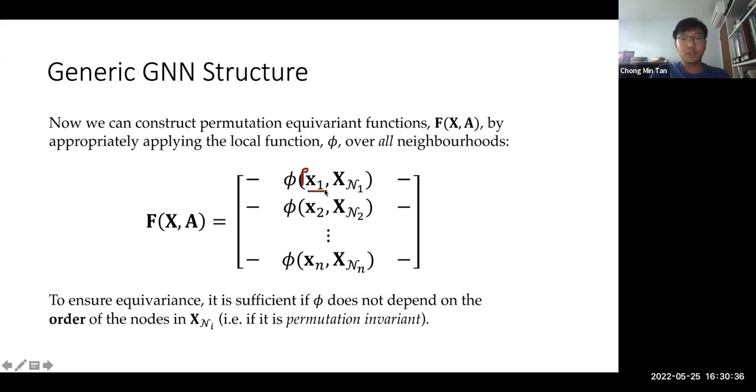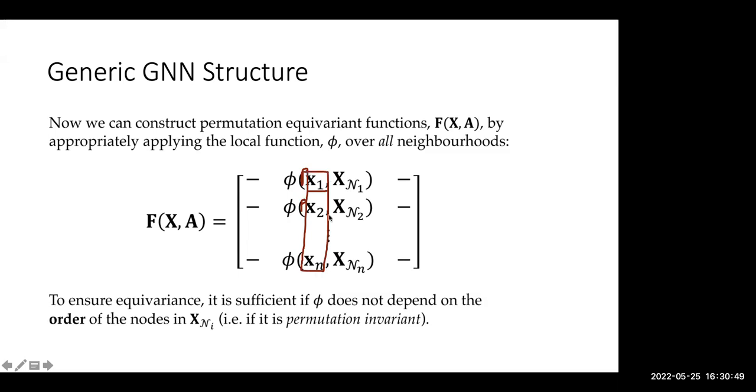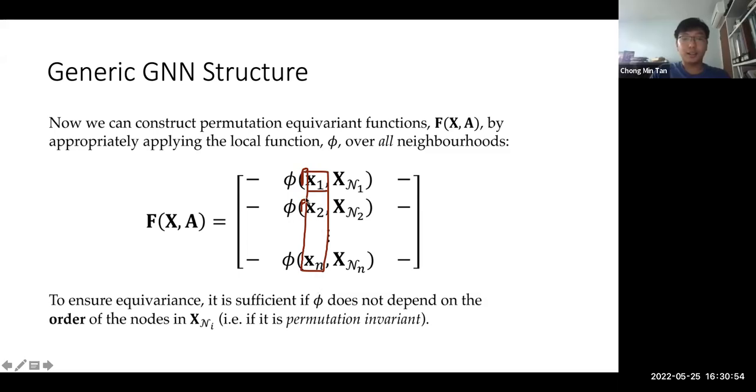So if we permute the features over here, then essentially it is permuting this whole thing here, because x1, x2 will be handled by the permutation function. So essentially it's the same as permuting outside.